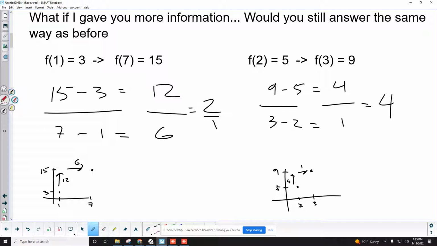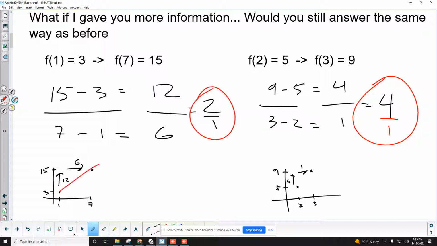And I'd say, hey, this went up 4 y's per 1 x. This went up 2 y's for 1 x. Or we start thinking about and we start graphing lines. And we said, oh, hey, this is steeper. The slope is steeper. And all we're using, guys, is the slope formula.